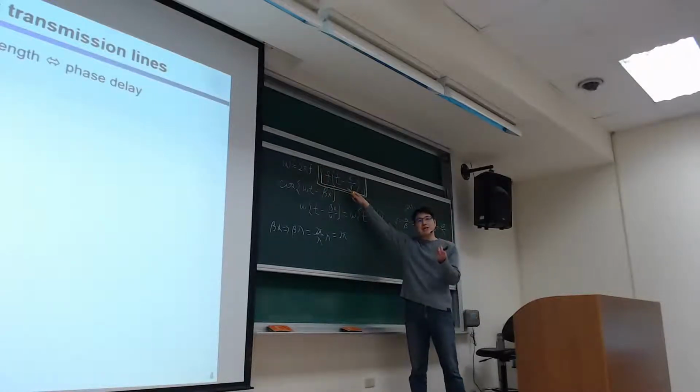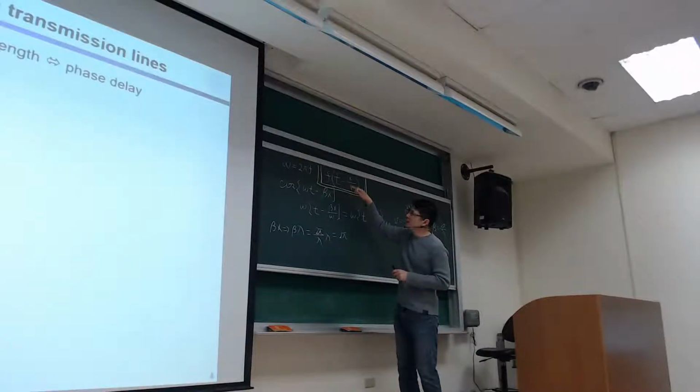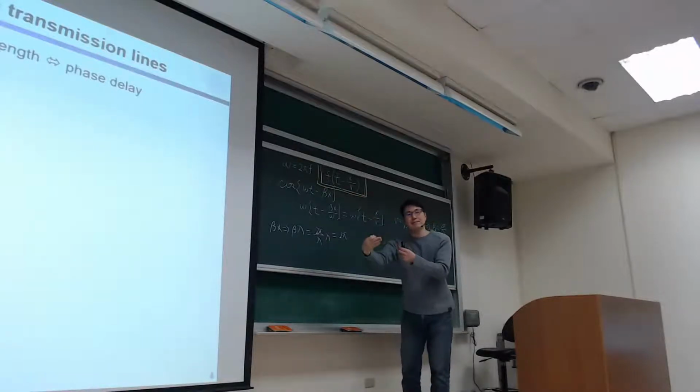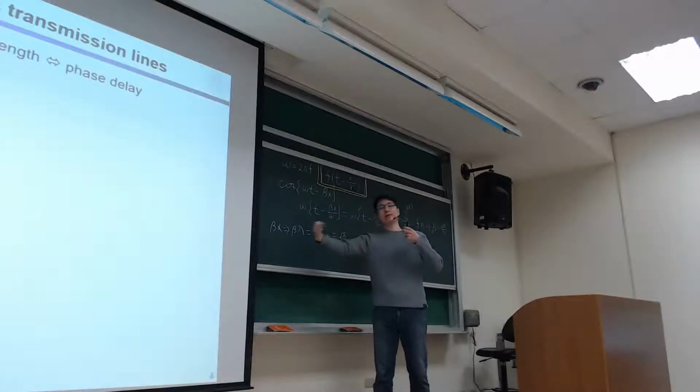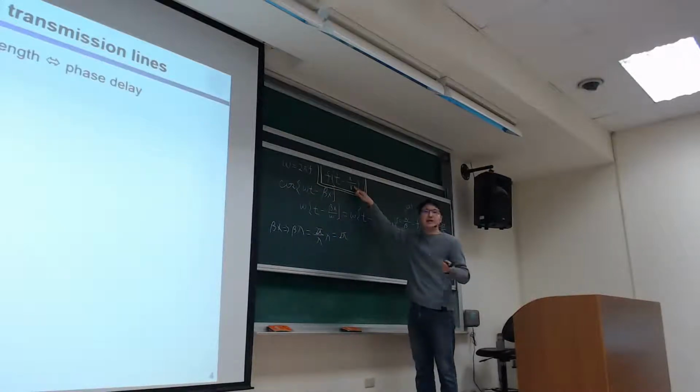This is the general solution form for a given electromagnetic wave, right? So this already tells you if you have a wave at the input, at the output, assuming there's no loss, you still have the same wave, but after some kind of delay in time or some phase difference in space.